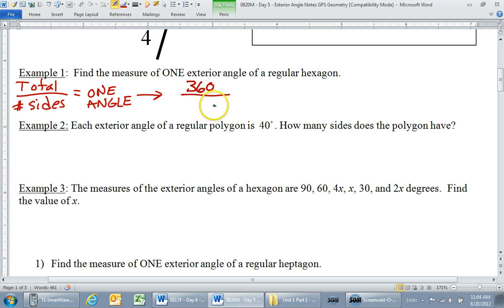What's our expression for the number of sides? Jordan, what do we use to represent the number of sides? N. So I'm just going to put N down there. And I'm supposed to find one angle.